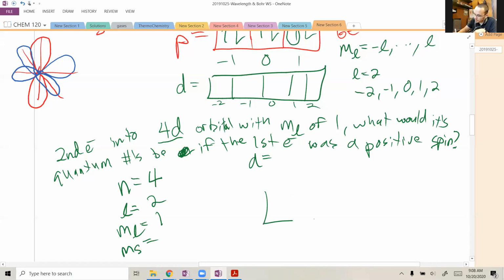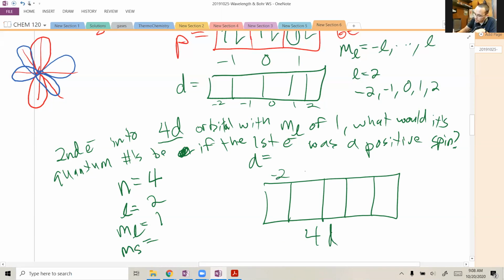Now, inside of that box, let's say we are looking at our 4d, and this is -2, -1, 0, 1, and 2. In this specific box, we said there was already an electron in there, and we're putting in the second. What do we know about that first electron?